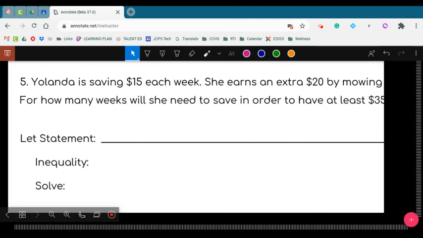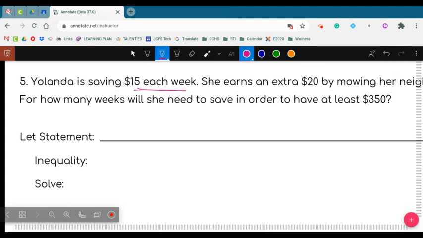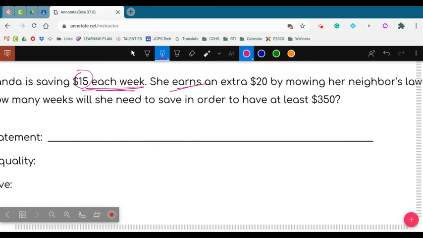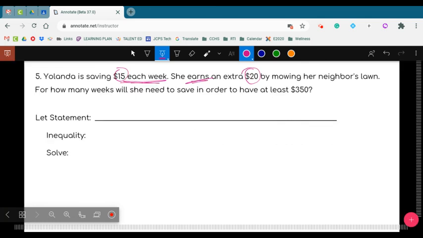The first one says Yolanda is saving $15 each week. She earns an extra $20 by mowing her neighbor's lawn. For how many weeks will she need to save in order to make at least $350? So I want you to think about this.